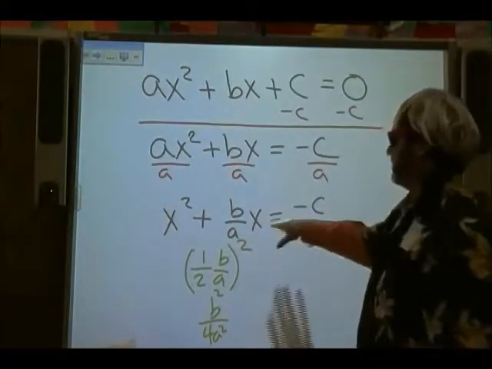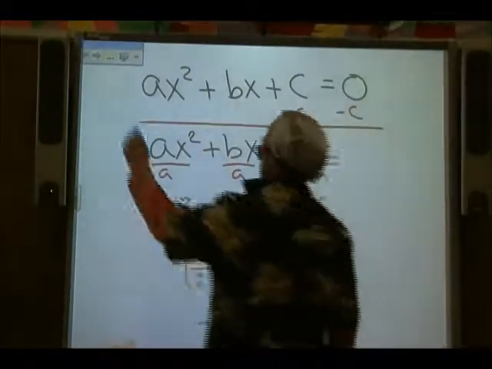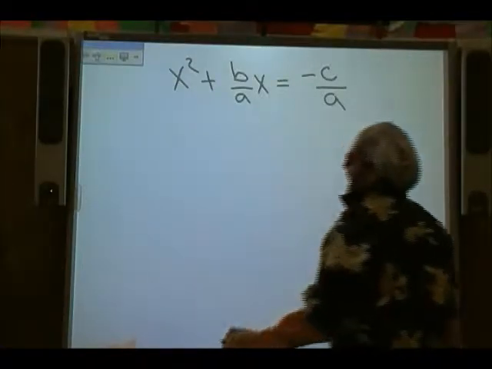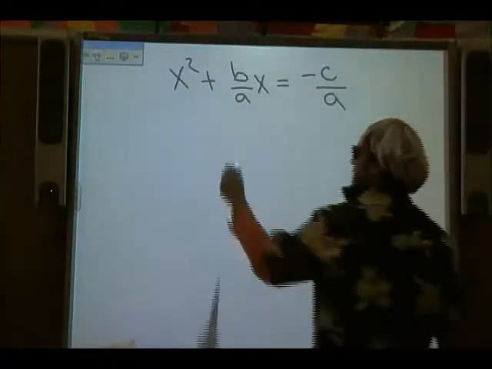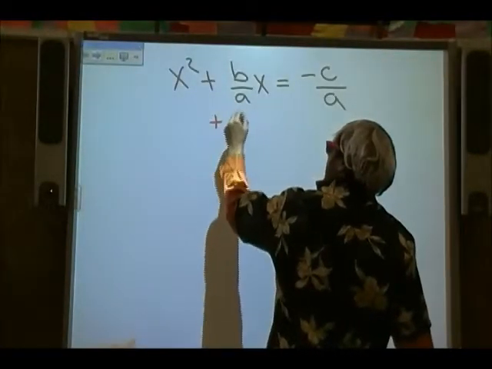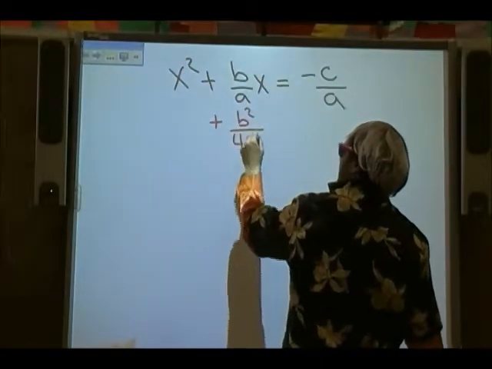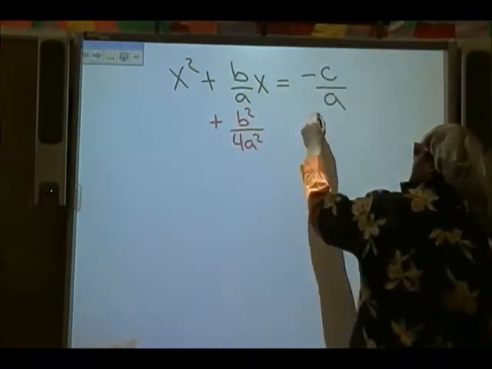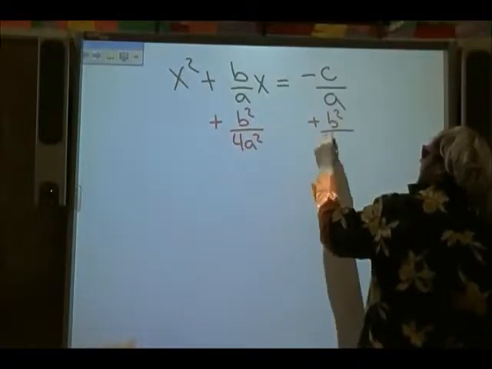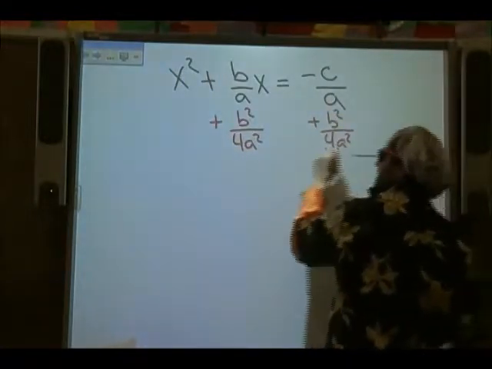So let me write this part over, and we'll continue. What did I add to both sides? It was b squared over 4a squared. So I'm adding b squared over 4a squared.